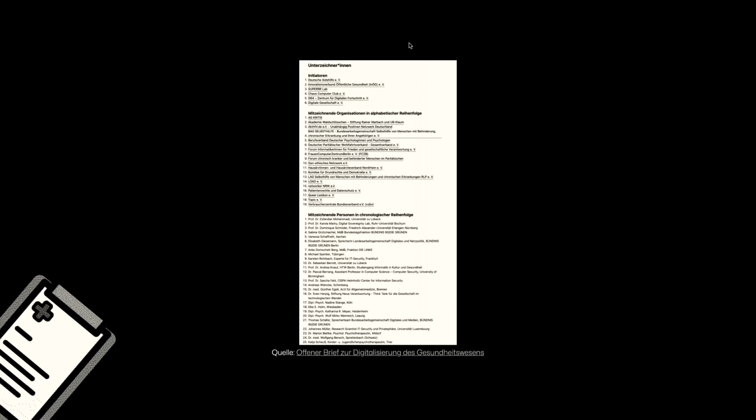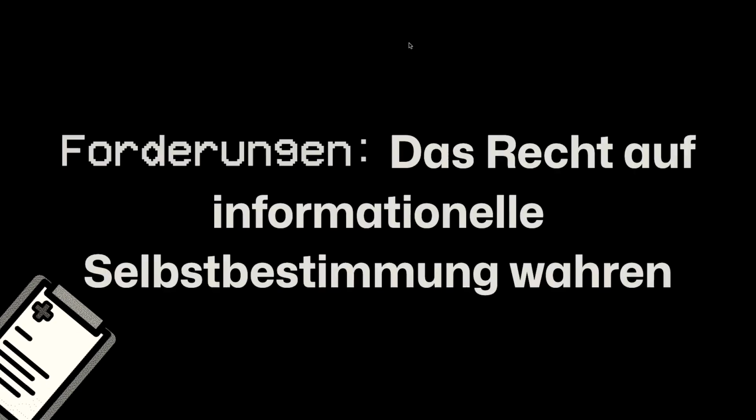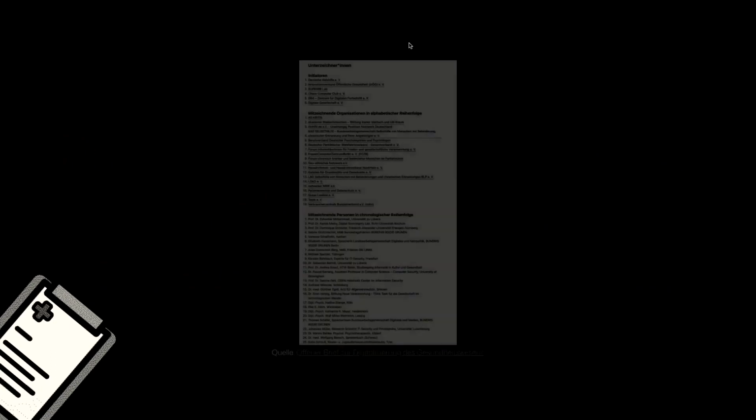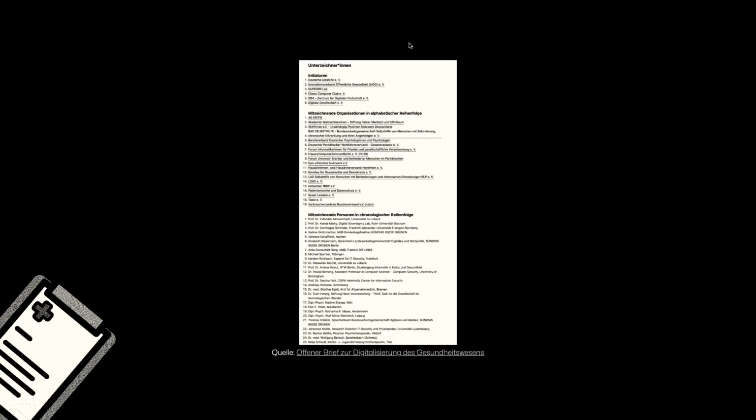For example, the German Consumer Protection Agency and the Paritätische Gesamtverband. So many organizations which represent stigmatized persons. They say they want to have this digitalization, but the patient should decide how much they actually take part in it.